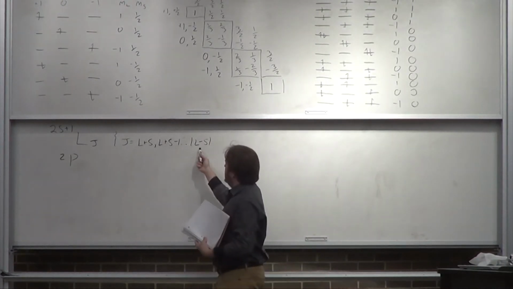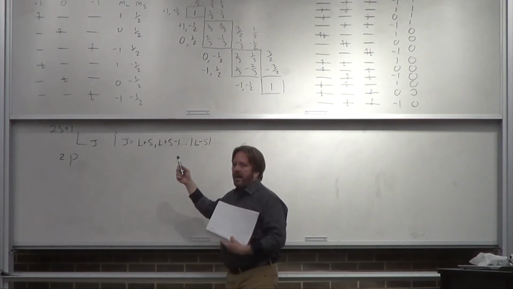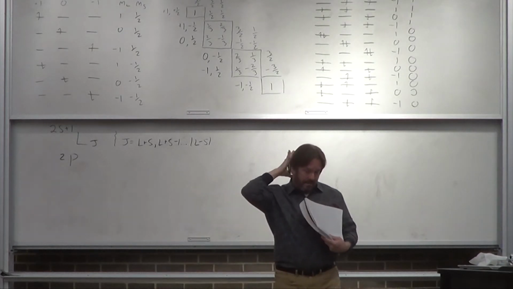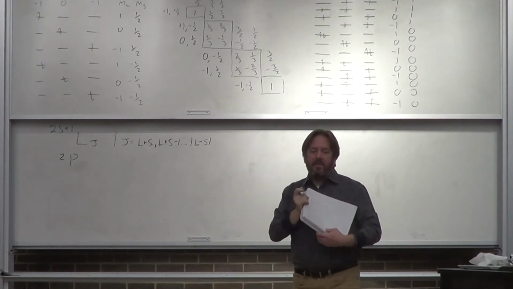So the vector can't be negative, you can't have a negative, so it's the absolute value of L minus S.